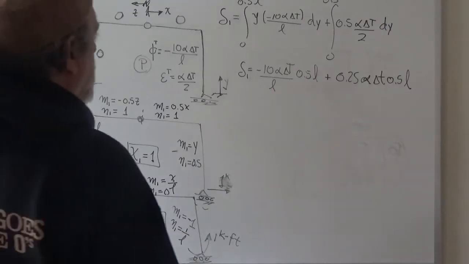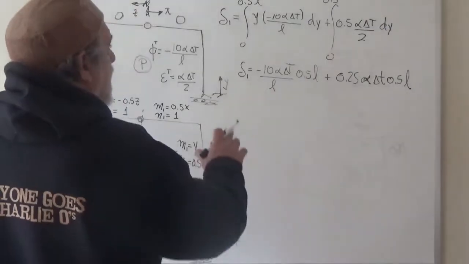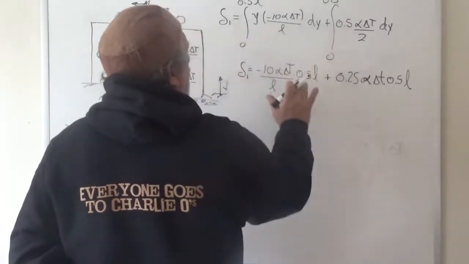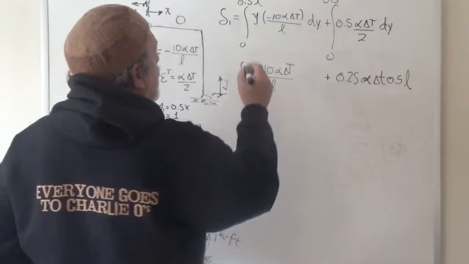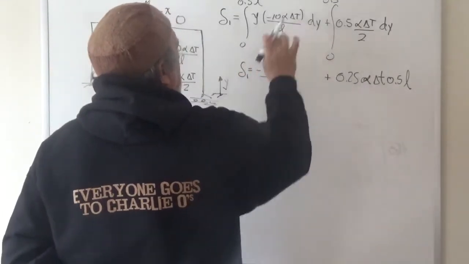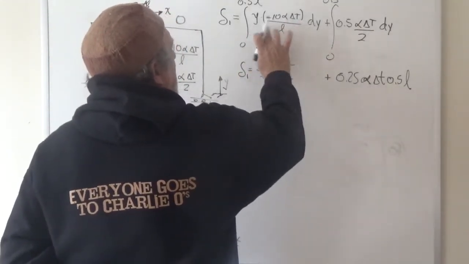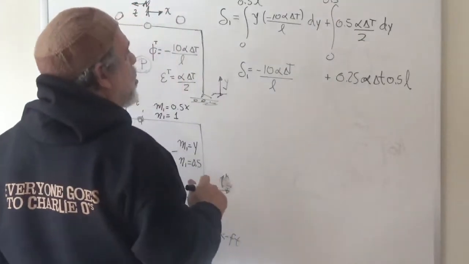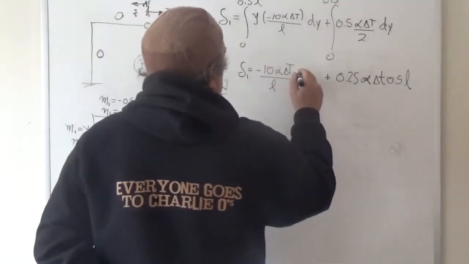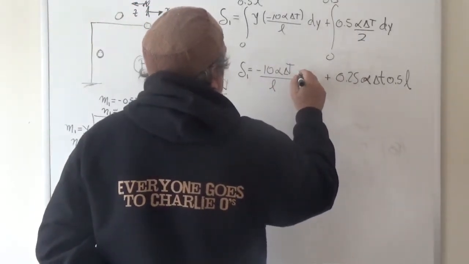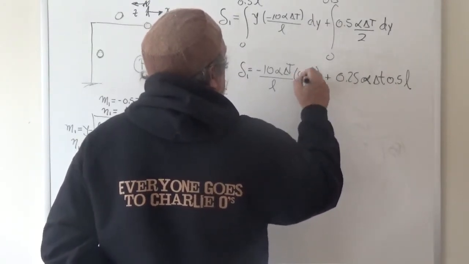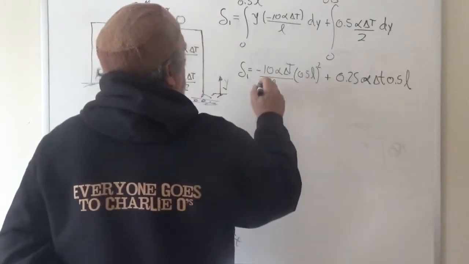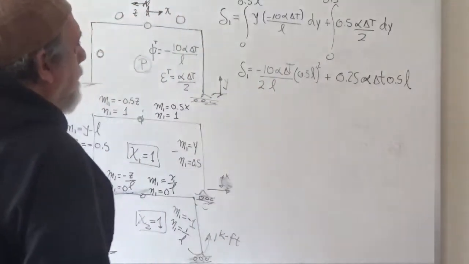Yes, obviously, right? The integral of y is y squared over 2, right? So minus 10 alpha delta T over L, the integral of y dy is y squared over 2, and y squared is 0.5 L squared. That's y squared over 2, right?